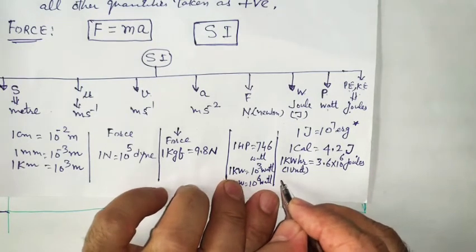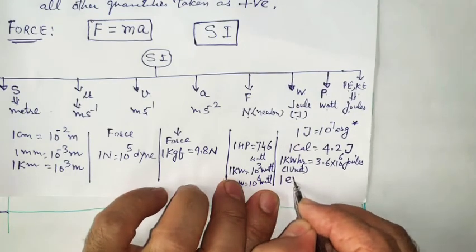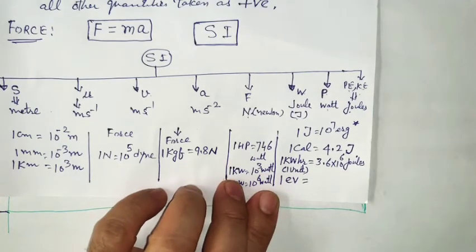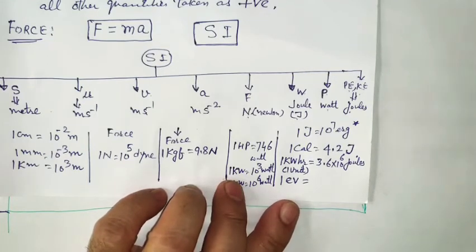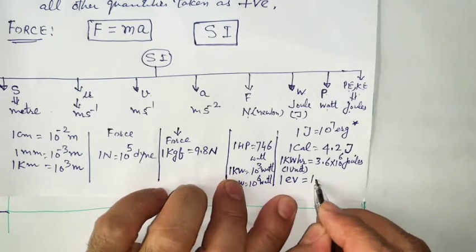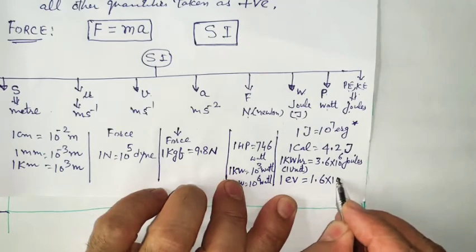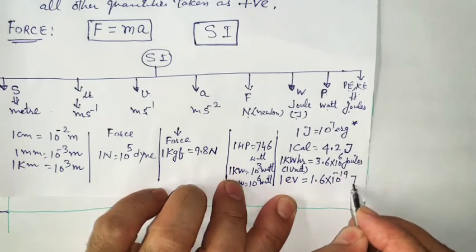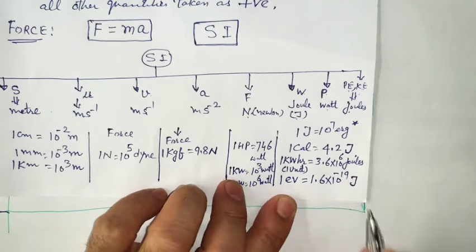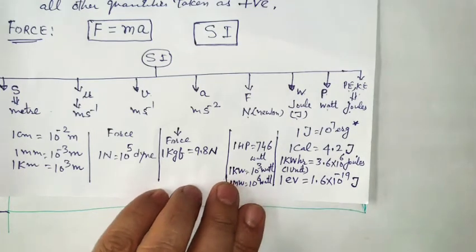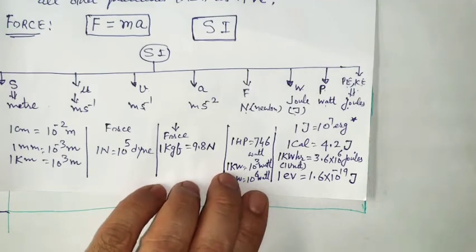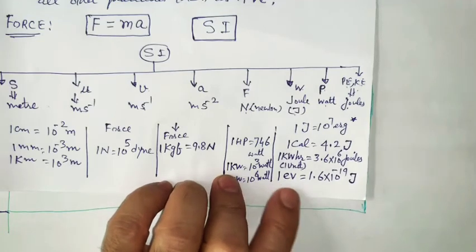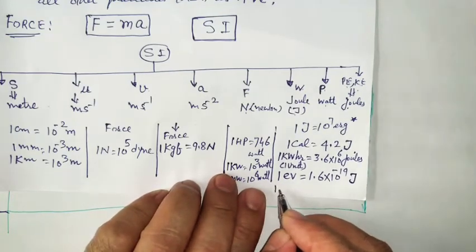You have energy also in electron volt. E means electron, V means volt. 1 electron volt is equal to 1.6 into 10 power minus 19 joules. Electron volt is the unit of energy. You have also 1 mega electron volt.